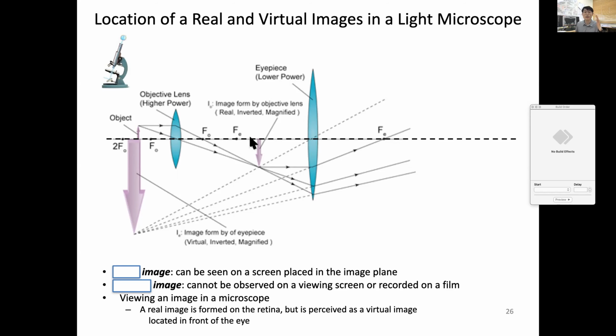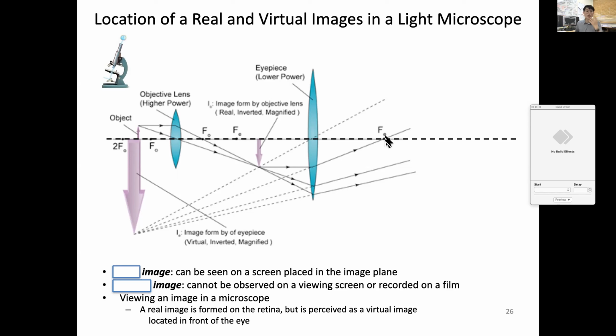As I described from the lens equation previously, if the object's distance to this lens is shorter than the focal length of the lens, the rays coming out of this object will not focus in this space because they are diverging.